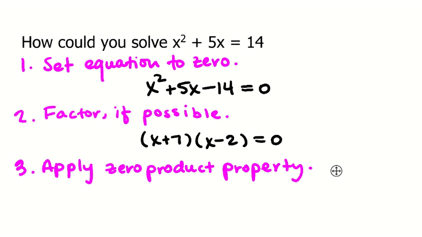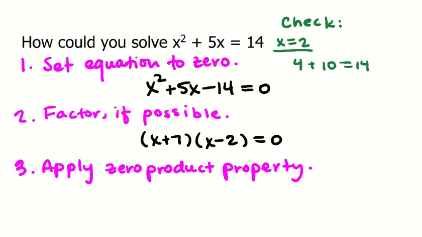Okay, so our purported solutions were positive 2 and negative 7. So I'm going to go back to the original statement of the equation and check. Okay, so x equals 2. So 2 squared is 4, plus 5 times 2 is 10, does equal 14. So that's good. It does make the equation true.